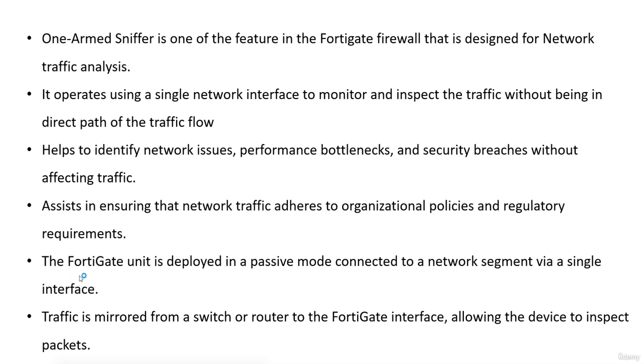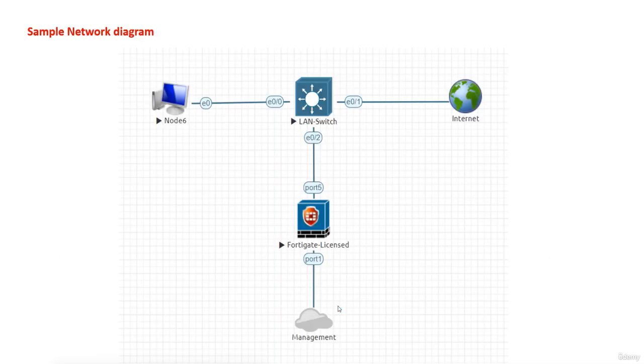So these are the two things that talk about the deployment and traffic flow. The FortiGate unit is deployed in passive mode connected to the network segment via a single interface. Okay, and the traffic is mirrored from the switch or router to the firewall interface, allowing the device to inspect the packets. Okay, this one we have already discussed.